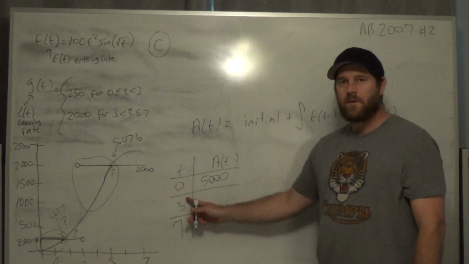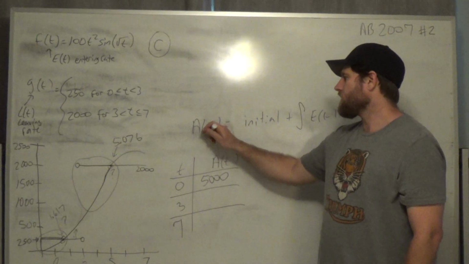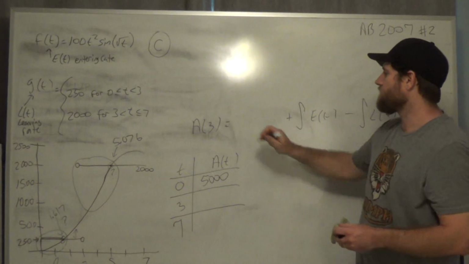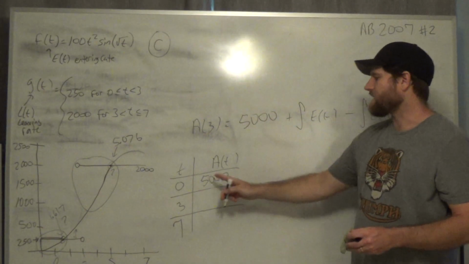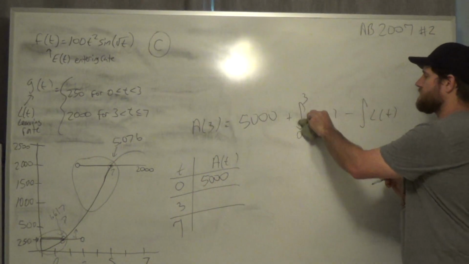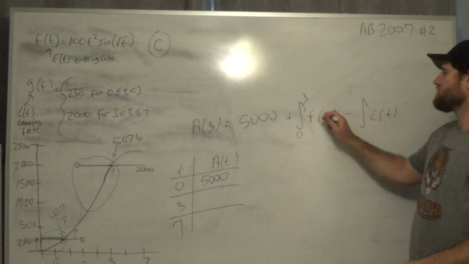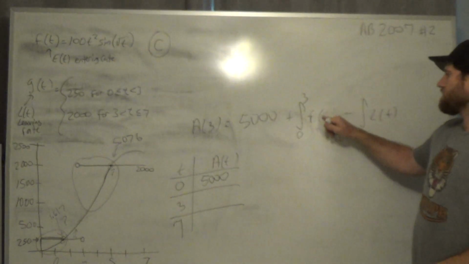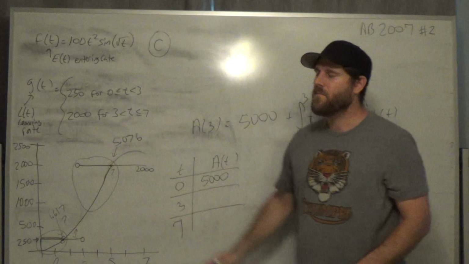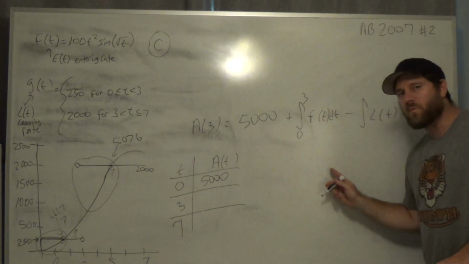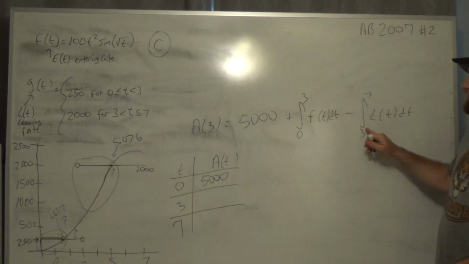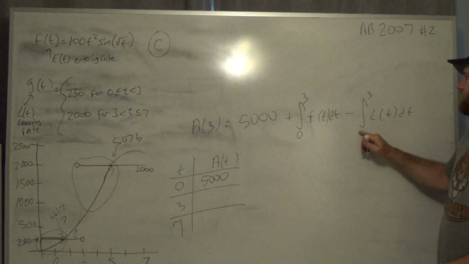So at time 3, if I want to know how much there is, we need the initial. We started off with 5,000 plus how much we gained from time 0 to 3. And here, instead of E of t, I'm going to use F of t, the integral of f of t dt, remember this is just this equation here, minus how much we lost from time 0 to 3. Sorry, not 3 to 7, 0 to 3.